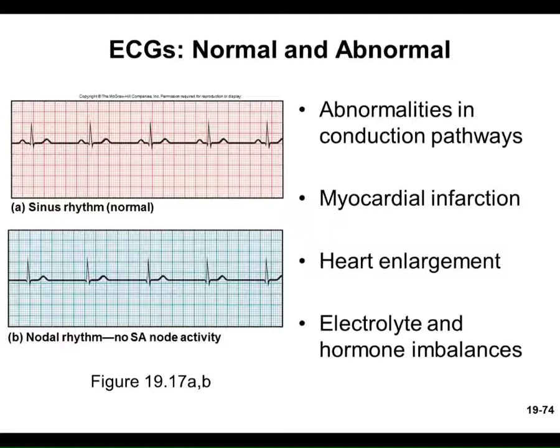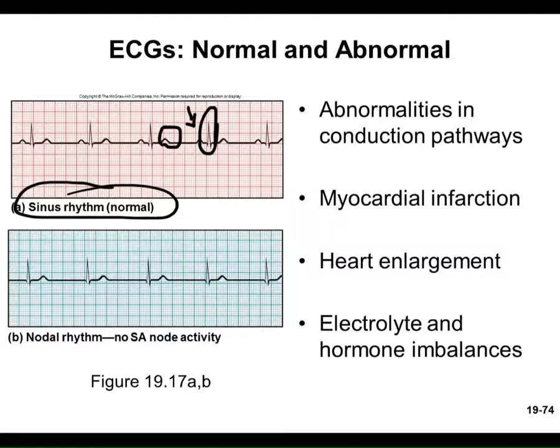So you'll look at a number of normal and abnormal EKGs in the lab, and you'll recognize that this is a normal sinus rhythm. Now there could be some things wrong with this, but when you look at this wave, even though it's small, you can see the P wave, you can see the QRS, and then you can see a T wave at the end of each.